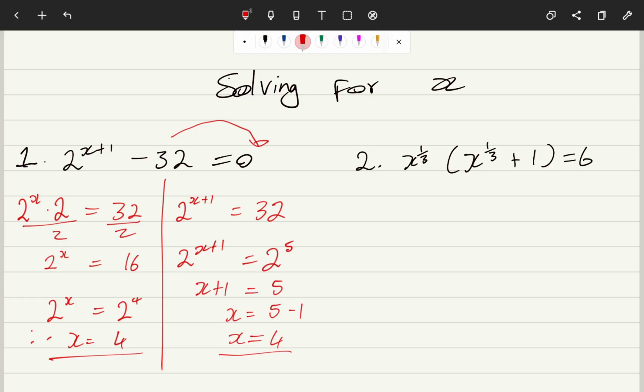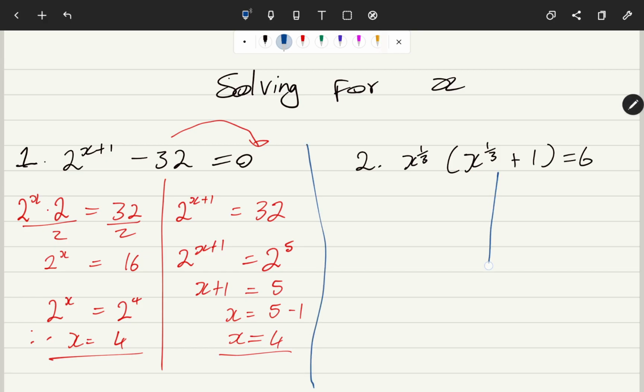Let's use blue for number 2. Yeah, okay, so in blue, we can work it out. I'm going to do what I've been doing.